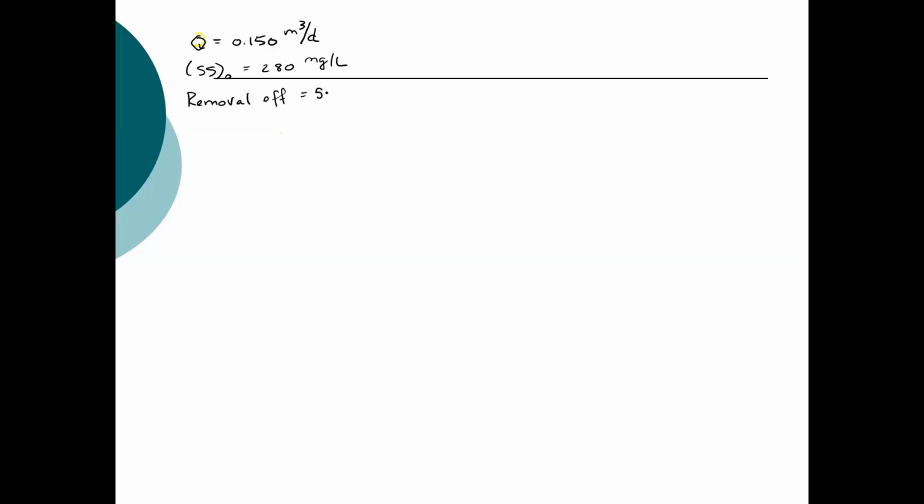So let's work through this problem here. Again, let's just write out the information that we have. Q is equal to 0.150 meters cubed per day. The initial suspended solids concentration is 280 milligrams per liter. Our removal efficiency is 59%. The sludge solids concentration is 5%.